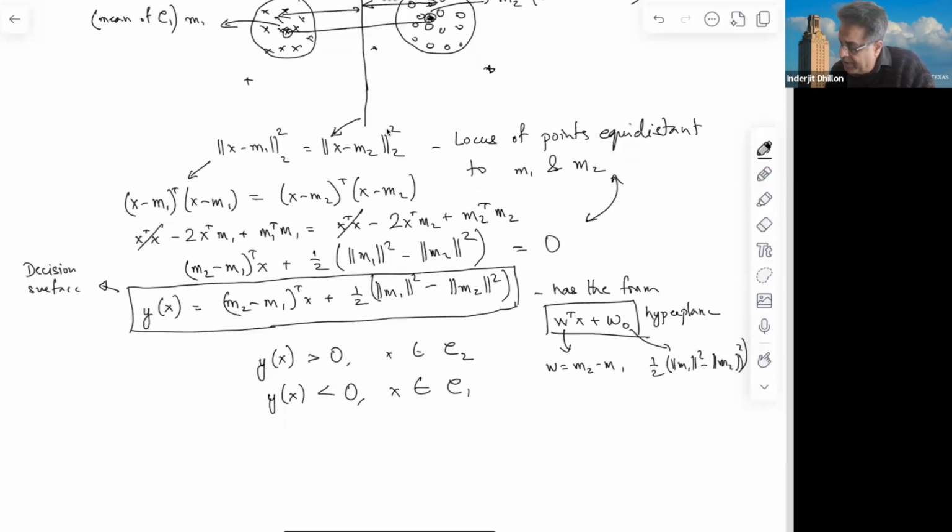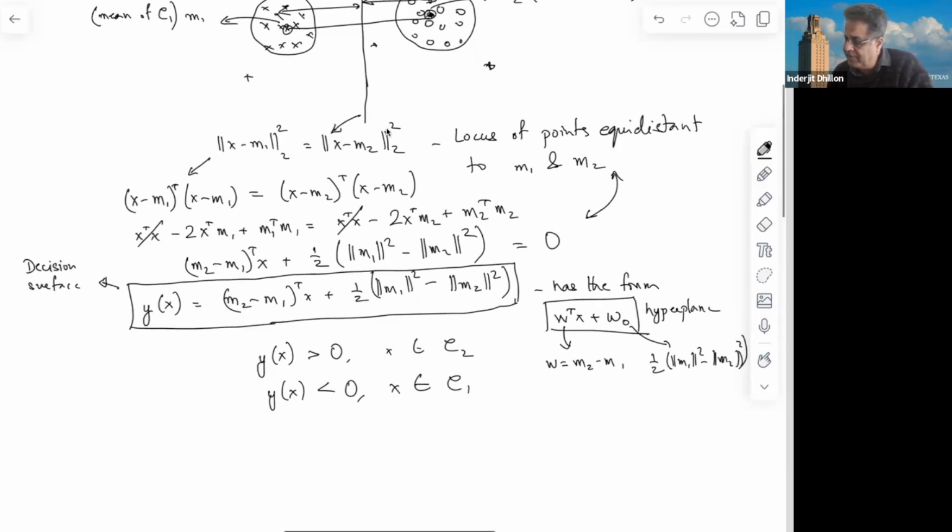Okay, so let's look at what the geometry is, because later on, when we talk about maximizing the margin and so on, we will need to understand the geometry of what is going on. So it's just a hyperplane. Let me take this hyperplane that has the form W transpose X plus W naught, and the decision surface is that this is equal to 0.